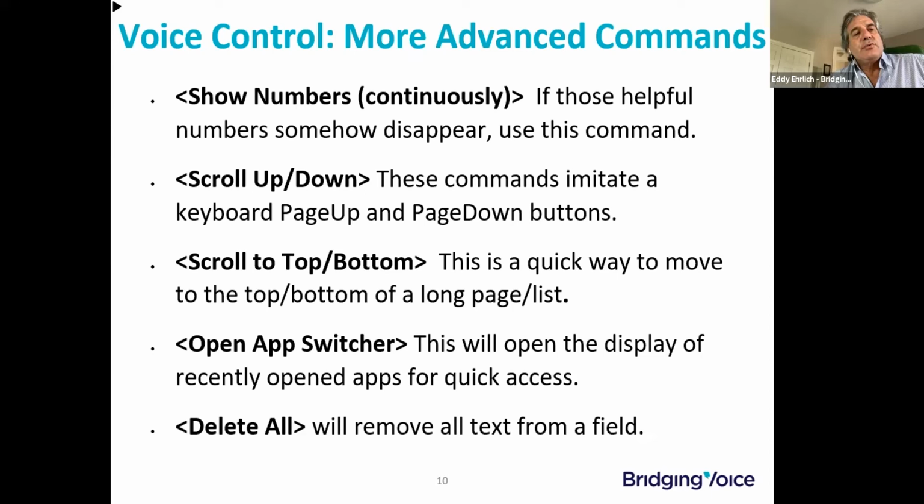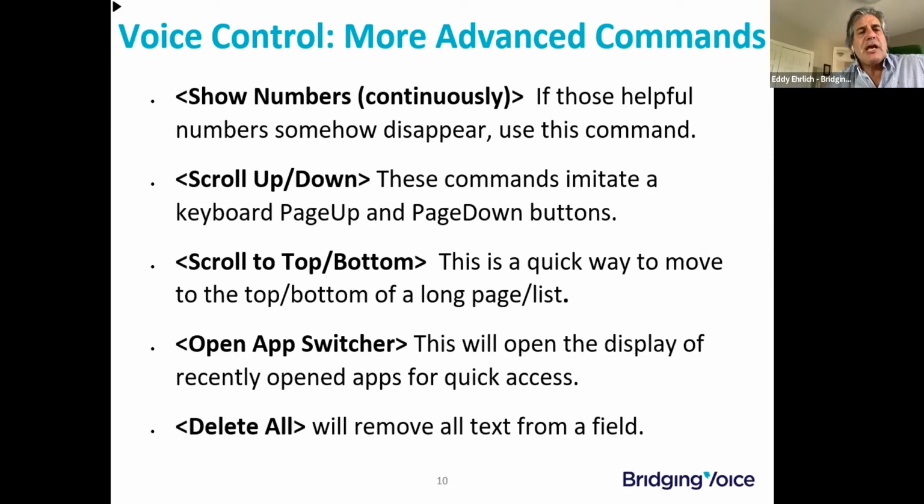And then these last 2 commands, open app switcher. So not everybody knows about the app switcher, but it is a display of recently opened apps for quick access. So it's the fastest way usually to get from one app to another, or to close apps that are open that are maybe eating up your memory or battery power. Also, just touching for a moment on text handling.